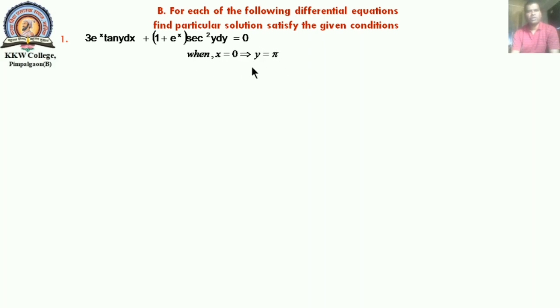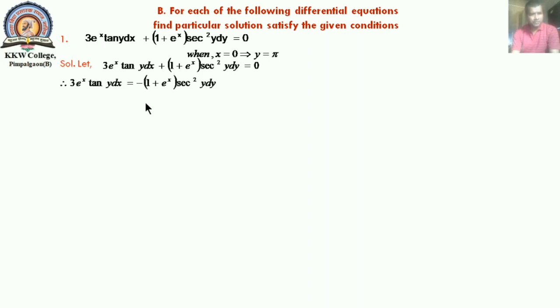Find the particular solution. We'll keep this condition and use it later, after finding the general solution of the differential equation. For that, we'll take the equation as is. Again, in the same way, for separating variables, transfer this plus term to the right hand side.